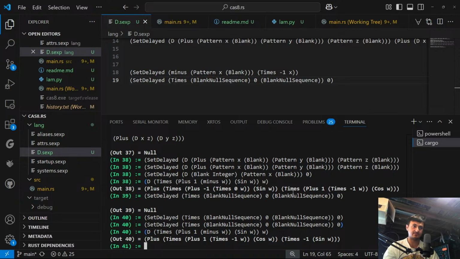Is that the same as what I got, which is 1 minus w cos w? Holy shit, that's right. That derivative is right.